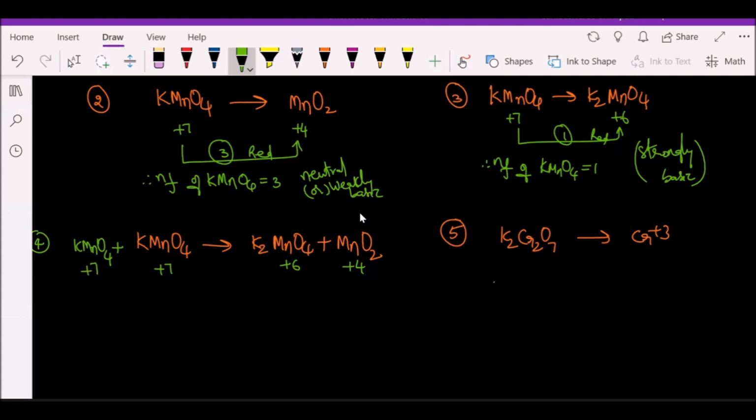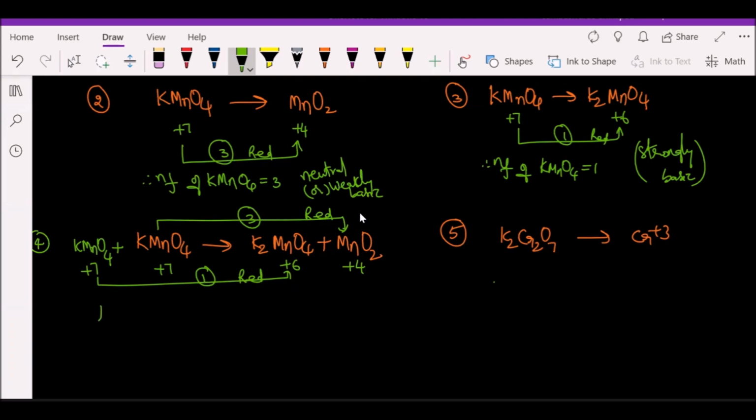So one molecule is going from plus 7 to plus 6. The other molecule is going from plus 7 to plus 4. So plus 7 to plus 6 is reduction, plus 7 to plus 4 is also reduction. Plus 7 to plus 6 the difference is 1, plus 7 to plus 4 the difference is 3. Both are reductions.